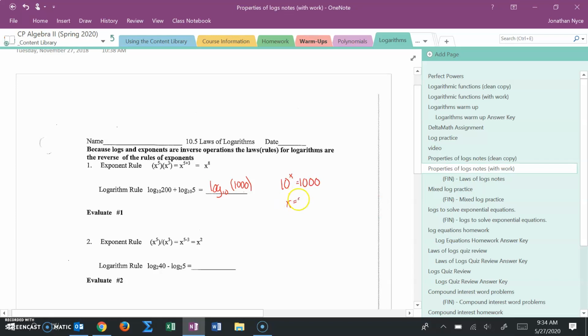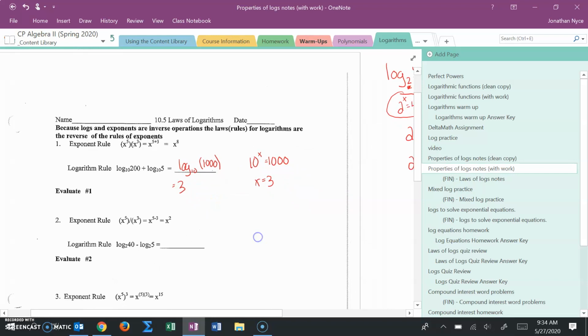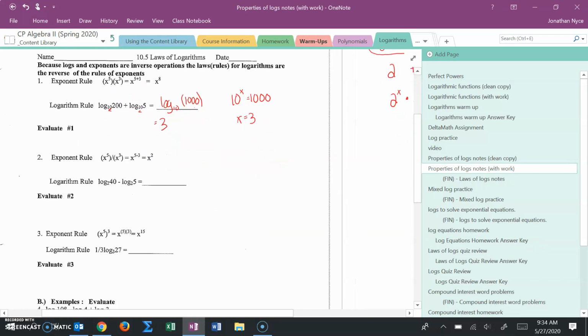And that gives us 3. By the same token, when we add logarithms and the bases are the same, we multiply the numbers. If we're dividing or subtracting logarithms and the bases are the same, we divide the numbers.